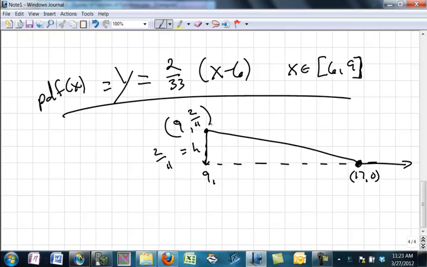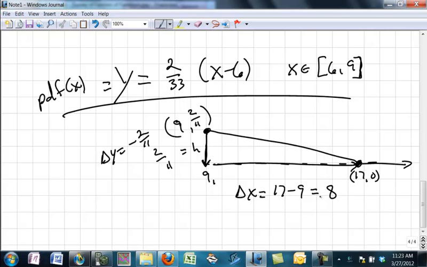So notice that we're going down and to the right. So delta x is 17 minus 9, which is, how much is that? 8. And delta y is negative 2/11. Going to the right is positive, left is negative.